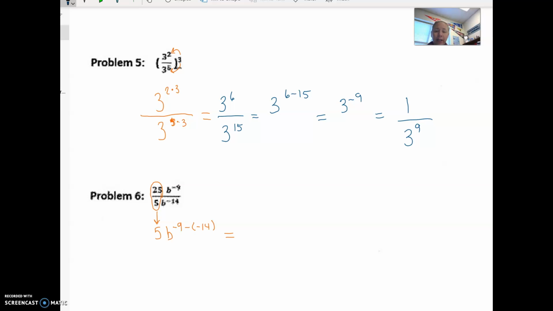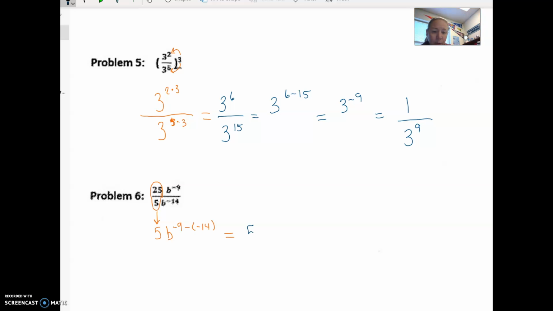The second one, again, I already kind of started it. So the 25 over 5, we can treat that as just a division problem. So that simplifies to 5. And then we would have to, again, subtract the top exponent from the bottom. So that's going to be negative 9 minus negative 14. So that would end up being to the 5th.